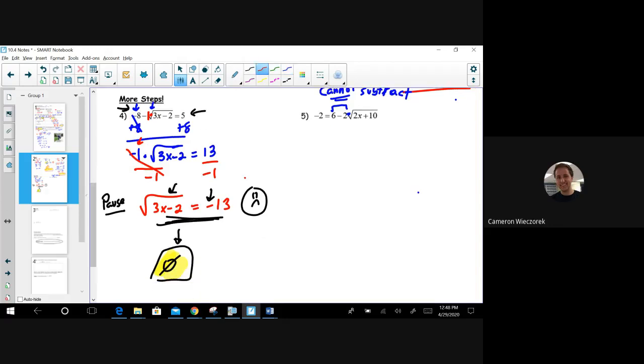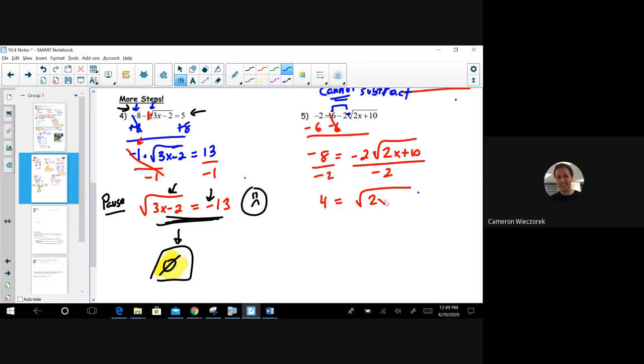So what do I do first? I get rid of the addition. I have a 6 that's positive, so I'm going to subtract 6 from both sides to get rid of that. -8 equals -2 times rad 2x plus 10. Before I square both sides, I need to get rid of that -2 in front. So I'm going to divide by -2. Get 4 equals rad 2x plus 10.